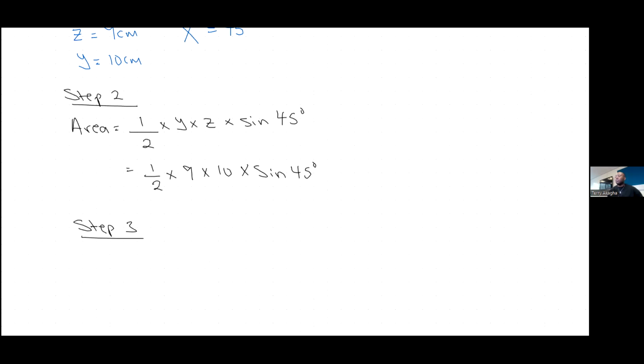The area should give you 45√2 divided by 2, or in decimal, it should be 31.82. Both of these are in what? Centimeter what? Squared. So that will be the area for this.